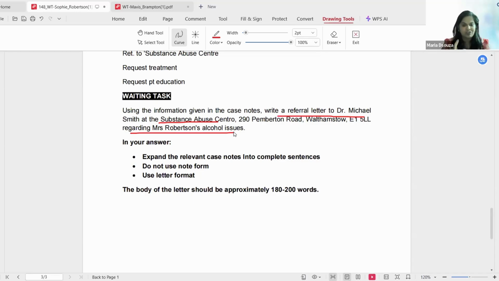I'm not going to dwell on writing the letter. I'm just making you understand here. It's not that important for us to feel fearful of these tasks, saying, oh my God, this particular task is complicated.